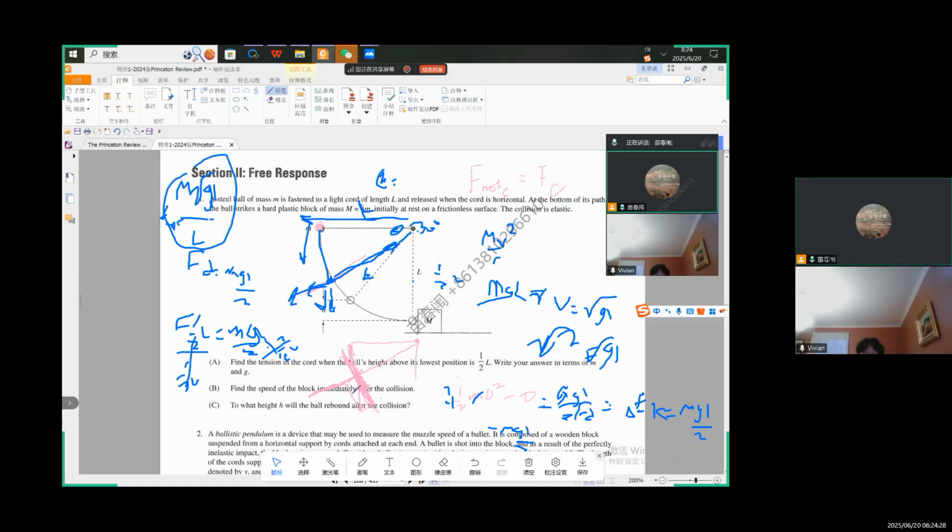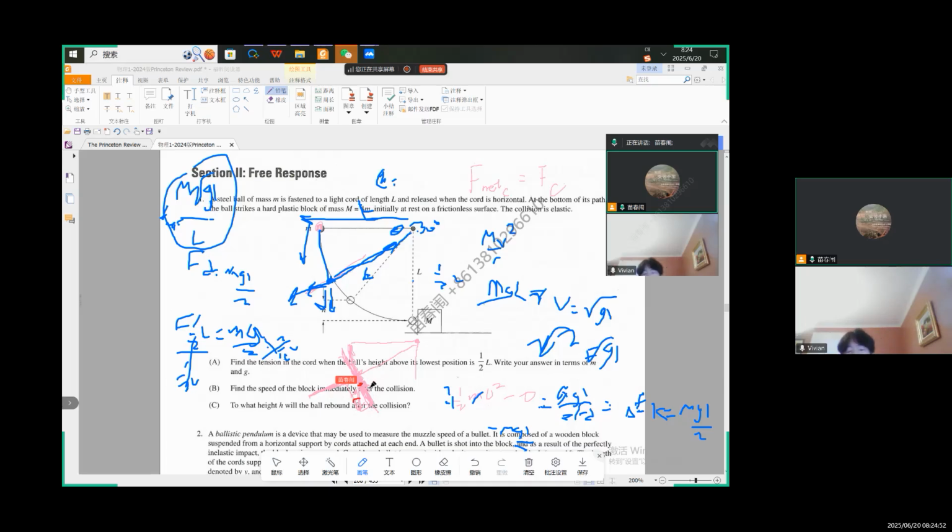This is my mg. So I can find my theta in here. Let me get a better pen. My theta in here is 30 degrees. Does that make sense? Well, I can prove it. This is a 30 degree, so equals to this one, right?